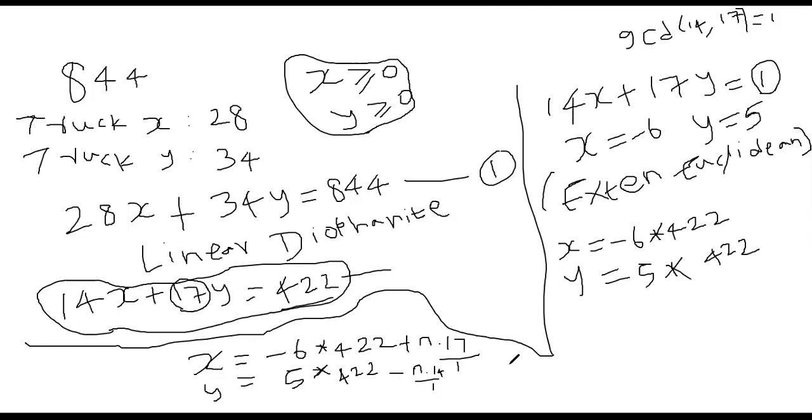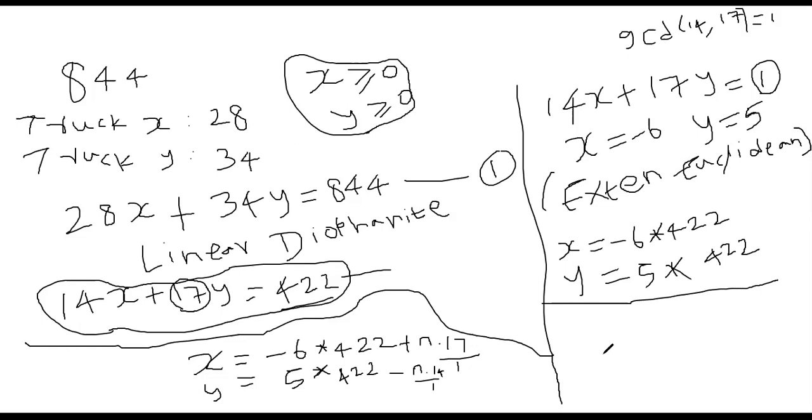But in this case, we are interested in x and y being greater than or equal to 0, right? So our minus 6 times 422 plus n times 17 had better be greater than or equal to 0, because we only want non-negative values. Let's rewrite these two components.